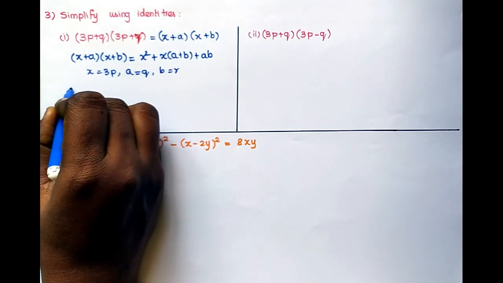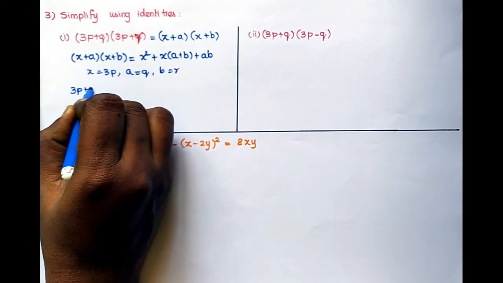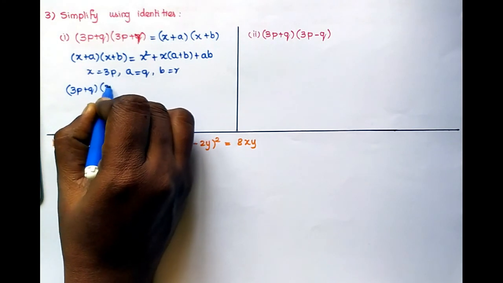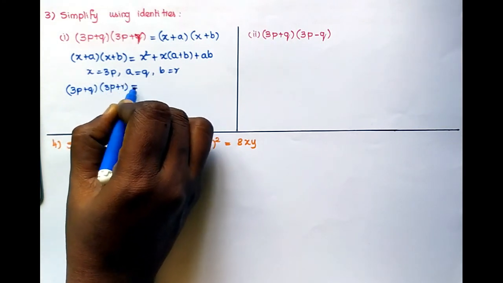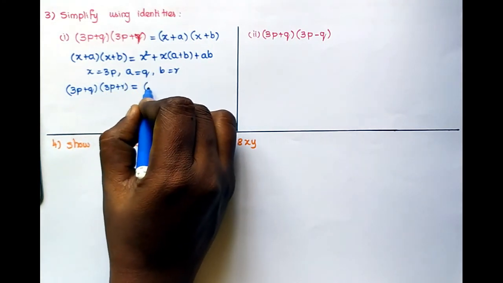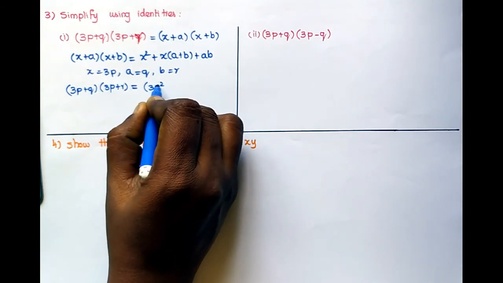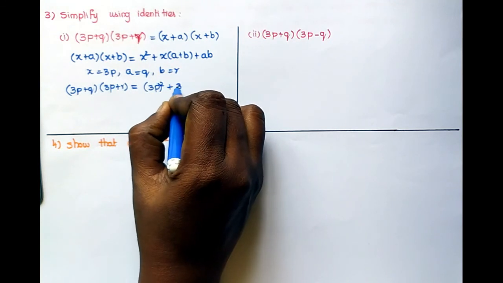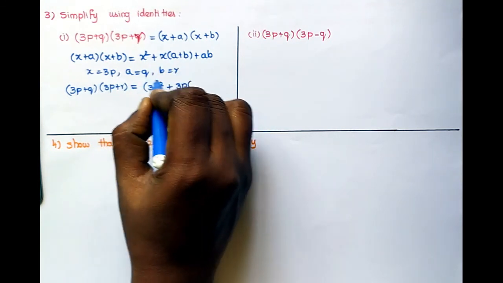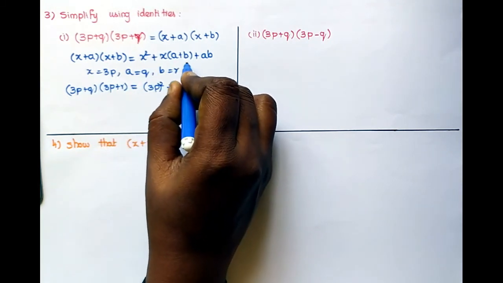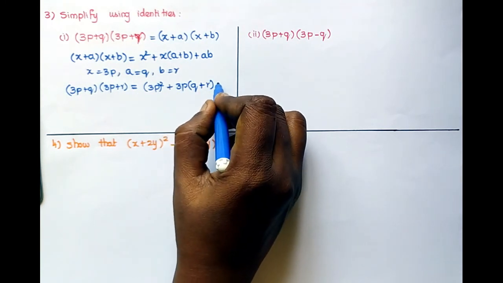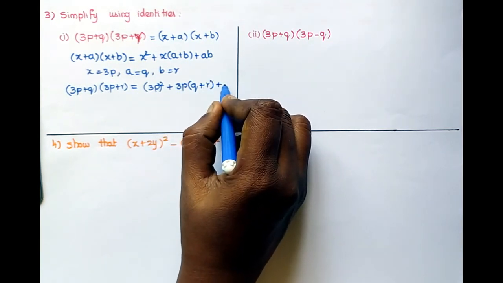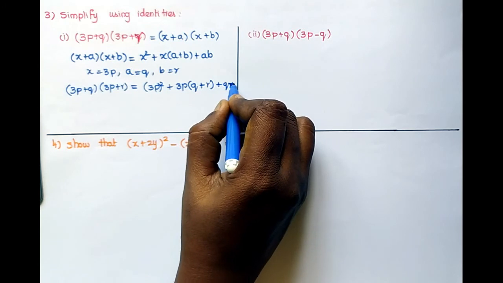Now apply the formula. 3p plus q into 3p plus r equals x squared, that is 3p whole squared, plus x into 3p into what is a here? q plus b is r, plus a into b, q into r.